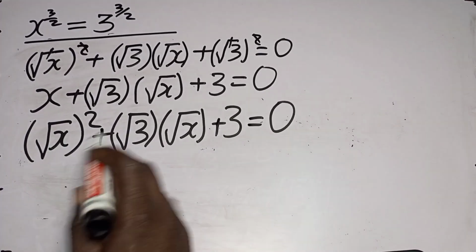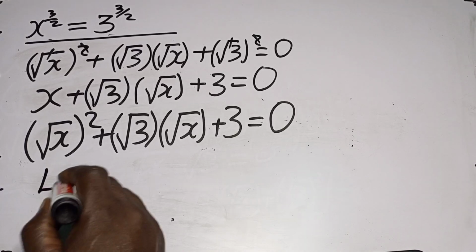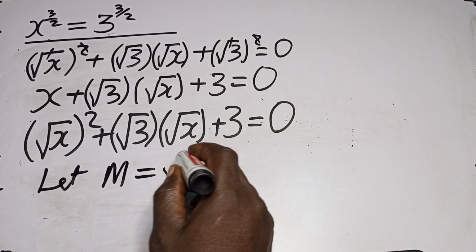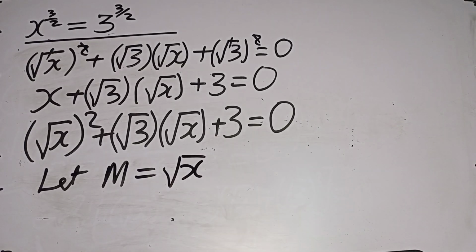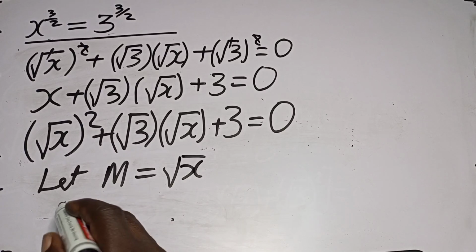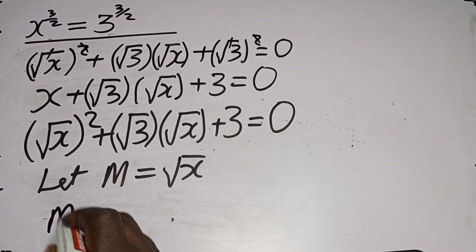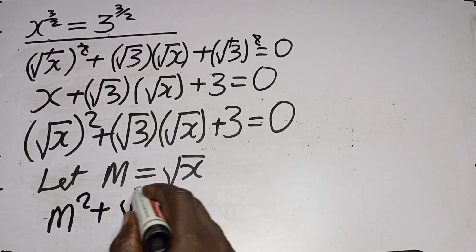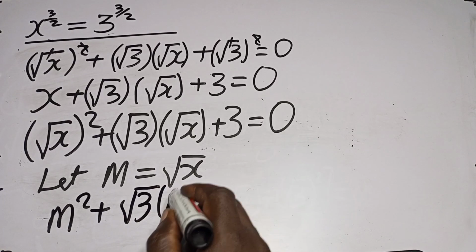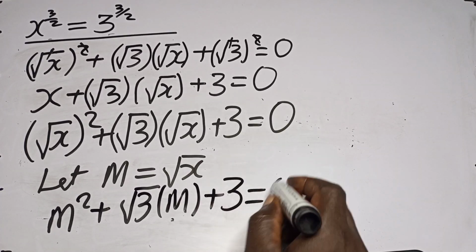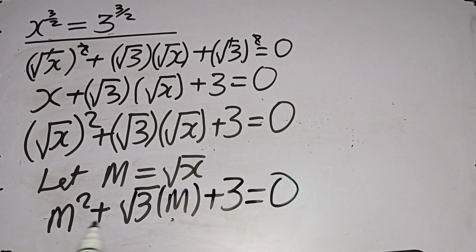Let us make it even better by doing the substitution m for root x. When we make that substitution, we'll now write this quadratic in terms of m. Wherever we see root x, we put m. It now becomes m squared plus root 3 into m plus 3 is equal to 0. All right?